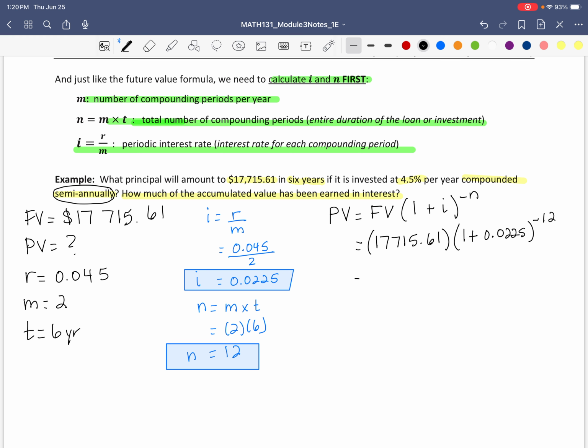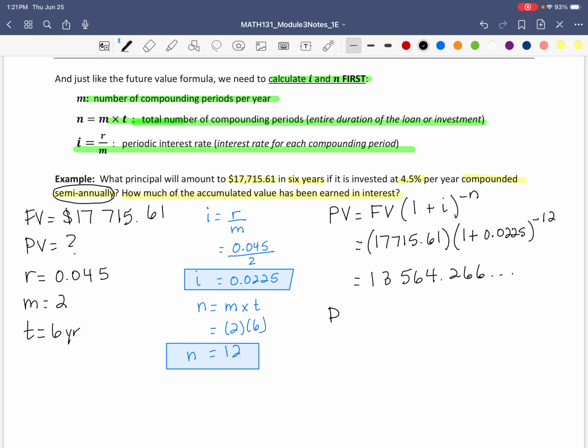If you put this into your calculator correctly, you're going to get a value that we are going to round to 2 decimal places and ensure that we have our dollar sign. Your final answer should be $13,564.27.